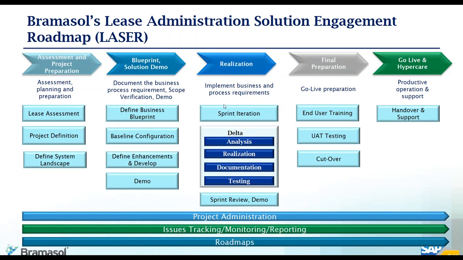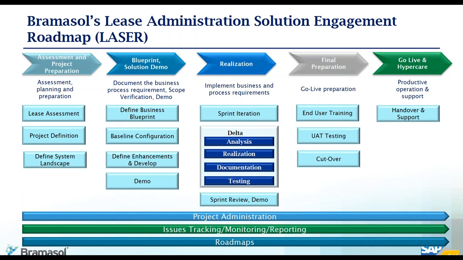So at Bramisol, coming from a finance transformation background, we have introduced LASER, which stands for Lease Administration Solution Engagement Roadmap. It is a very agile project, and a lot of things are overlapping here.